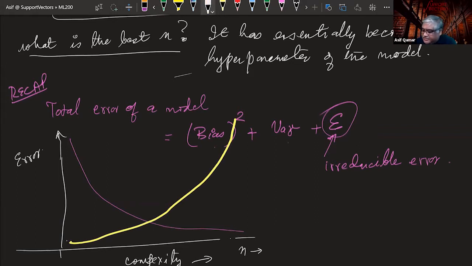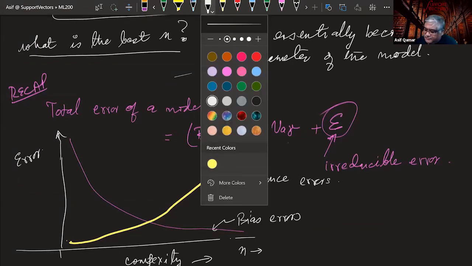And let me give names to these: bias errors and variance errors. So you know that somewhere in between those 2 points is the perfect line. It is this line. And let me use white itself, but a thicker version of white, hopefully.